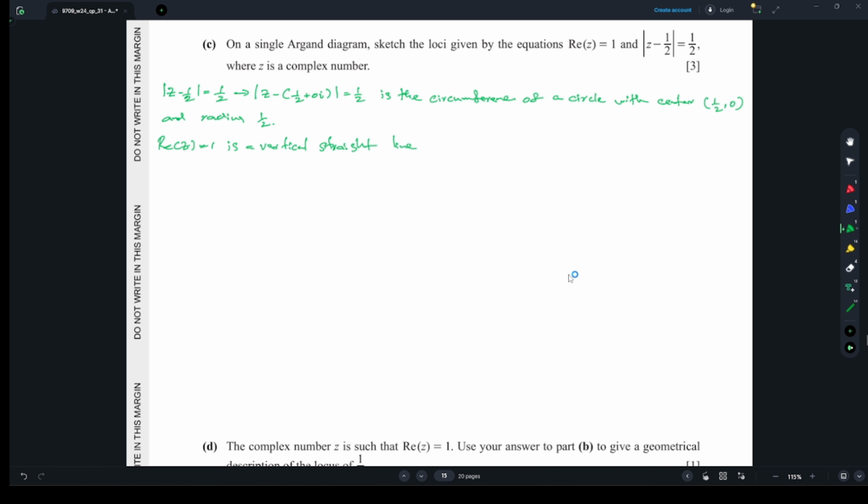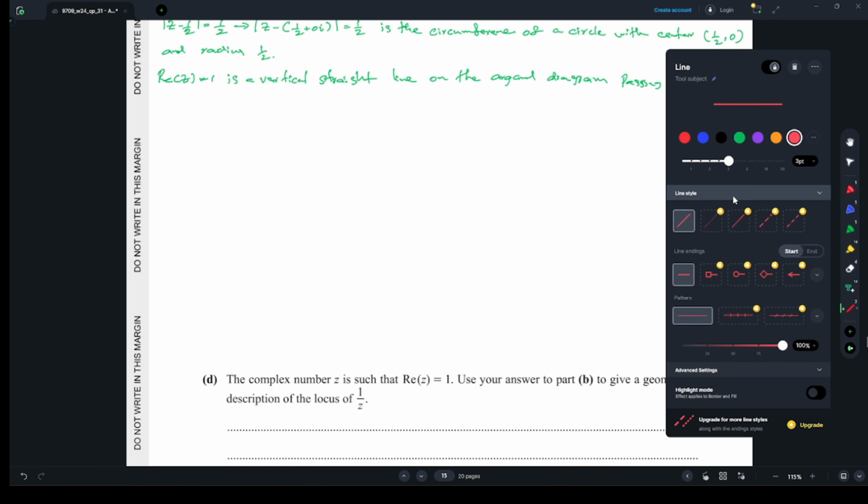Straight line on the Argand diagram passing through x equal 1. So now we need to draw the Argand diagram.